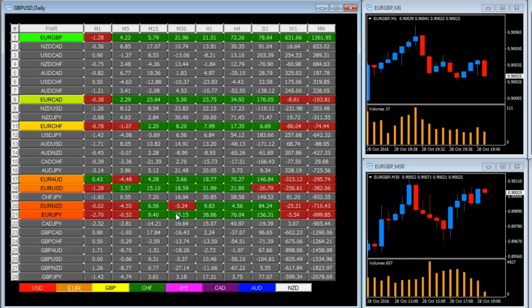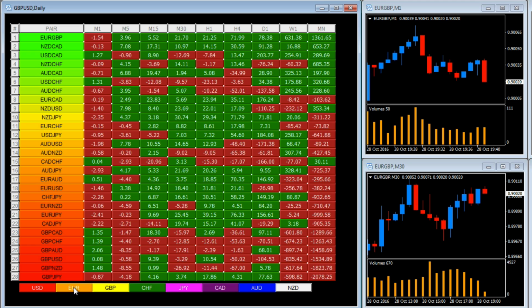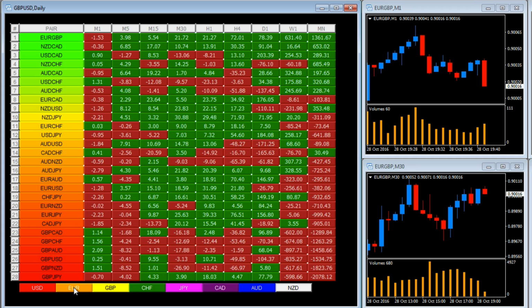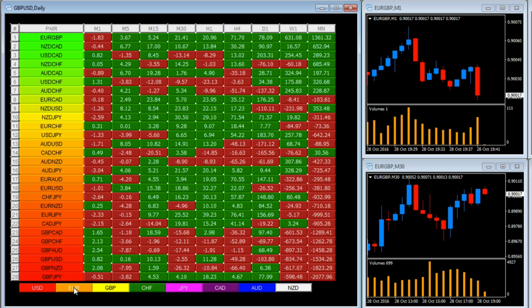Now, in terms of the ranking, if we move over to the other aspect of the indicator, which is this ranking system on the left, if I just click that off again so we've got everything displayed, the way that works is it basically ranks the currency pair in terms of the sentiment across the time horizons, which are then weighted.